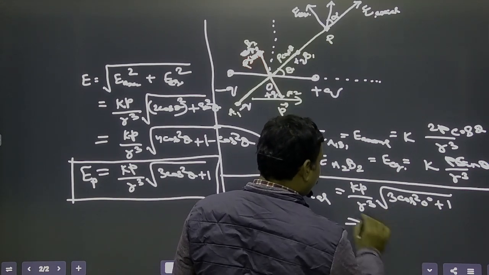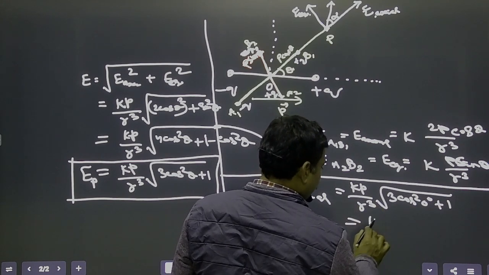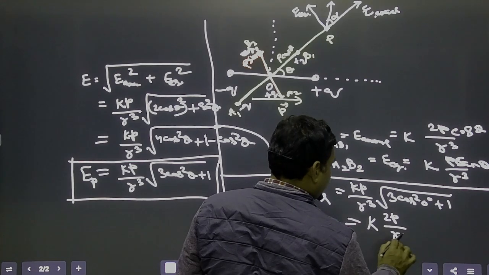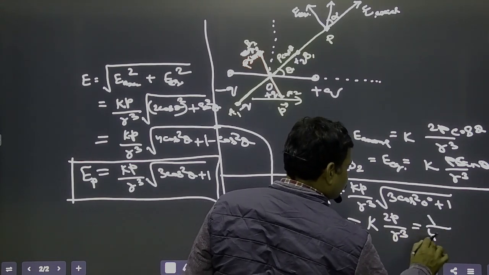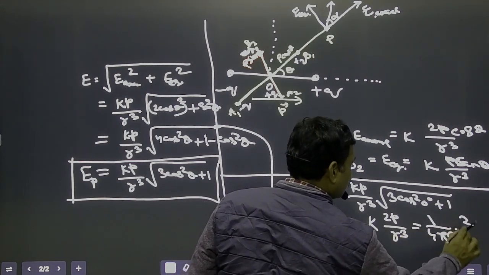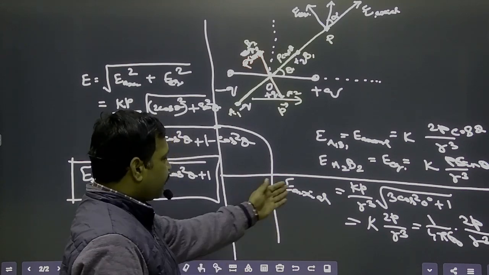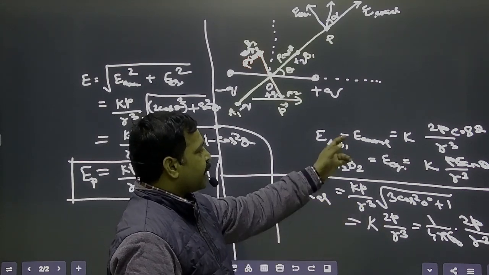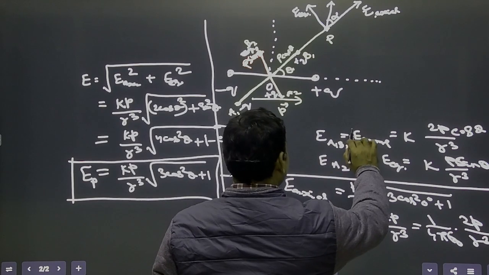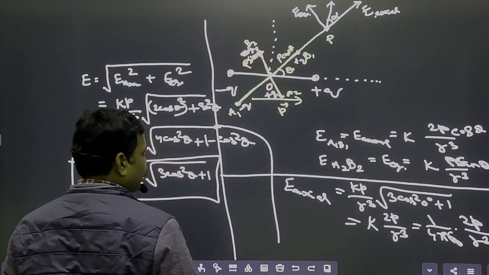So the square root of 4 will be 2. So this will be K 2p upon r cubed. We can write this as 1 upon 4 pi epsilon naught times 2p upon r cubed. So we get the same result as we have already derived in our previous classes.